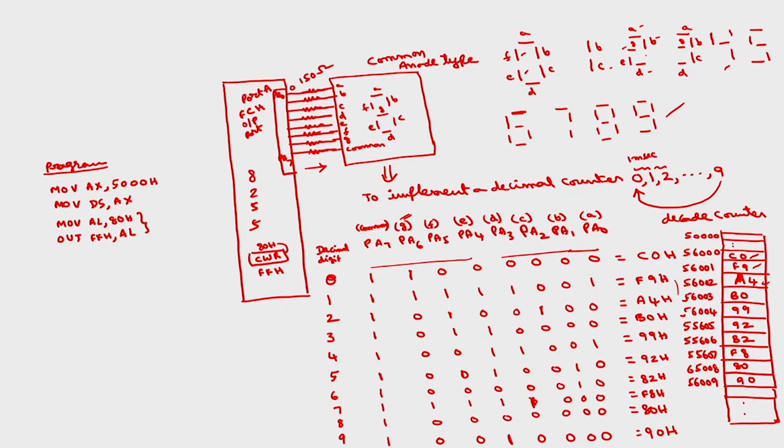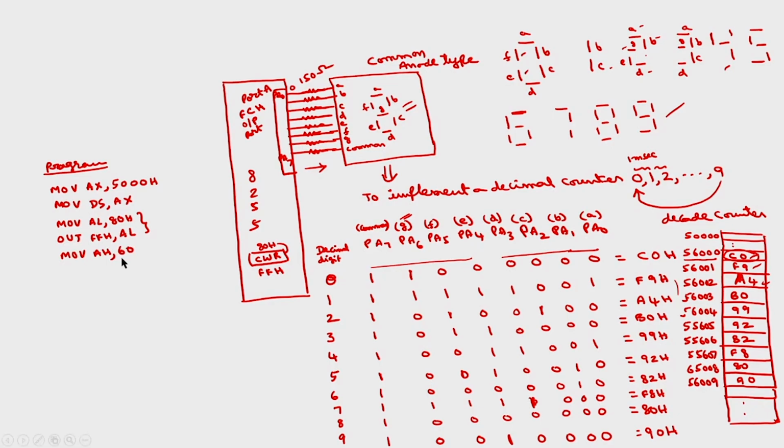Okay. A 0, I have to display 0 on here. So, the code corresponding to 0 is C0, which is there in the location 56,000H. For that I am using the same logic that I used in the keyboard interface for decoding. Move AH comma 60, because this offset is 6000.